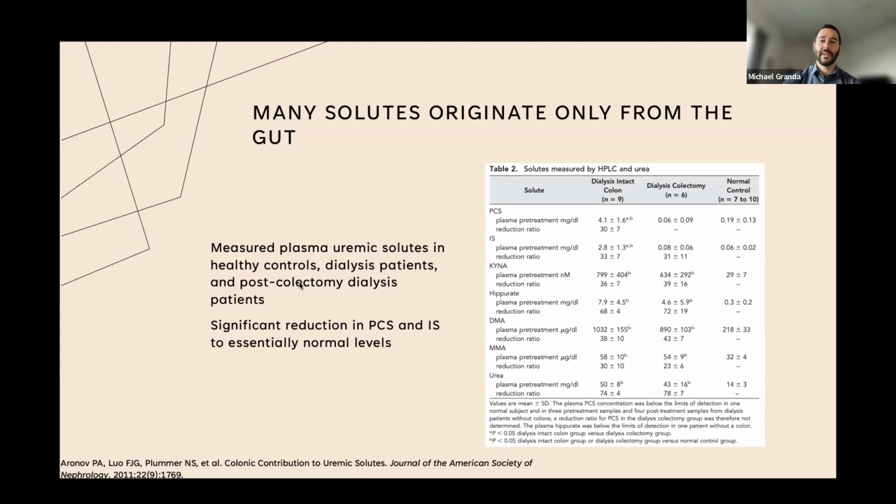So far, this study shows the most dramatic reduction of uremic solutes, in some cases below the levels seen in healthy patients. And this is assumed due to the reducing of the gut flora population. So many of the investigated strategies that I'll talk about rely on reducing the population or the activity of the gut flora in generating uremic toxins.